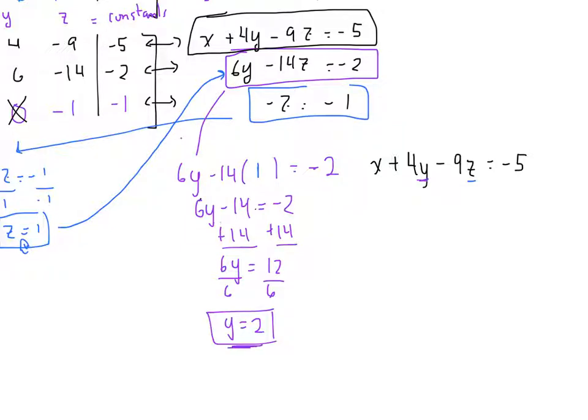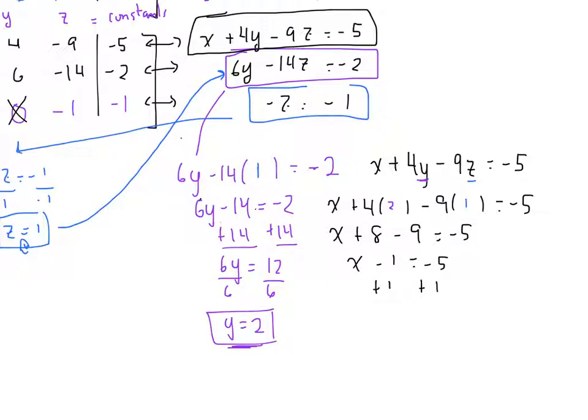And so what I get is the following. We're almost done here. x plus 4 times y, which is 2, minus 9 times z, which is 1, equals negative 5. Okay, so now I get x plus 8 minus 9 equals negative 5, which is x minus 1 equals negative 5.